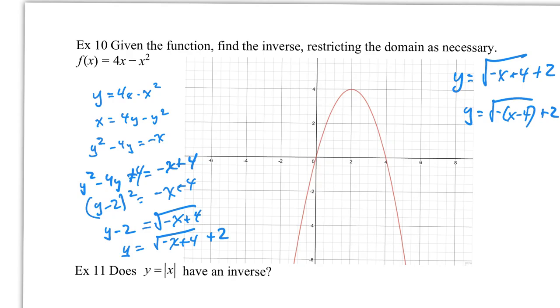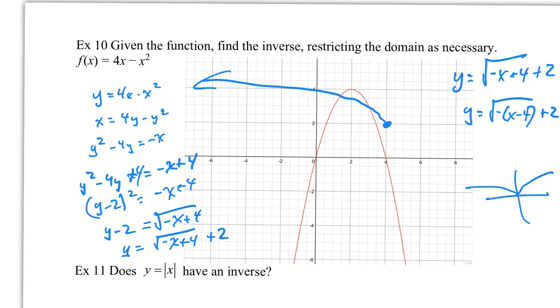Now, restricting the domain, if I visualize what this graph looks like, I know the parent square root graph looks like that, so a negative x is going to flip across the y-axis, so it's going to look like that, and then shifted to the right 4 and up 2. So if we go right 4 and up 2, we're going to get this graph, and it's going to look something like this, okay?